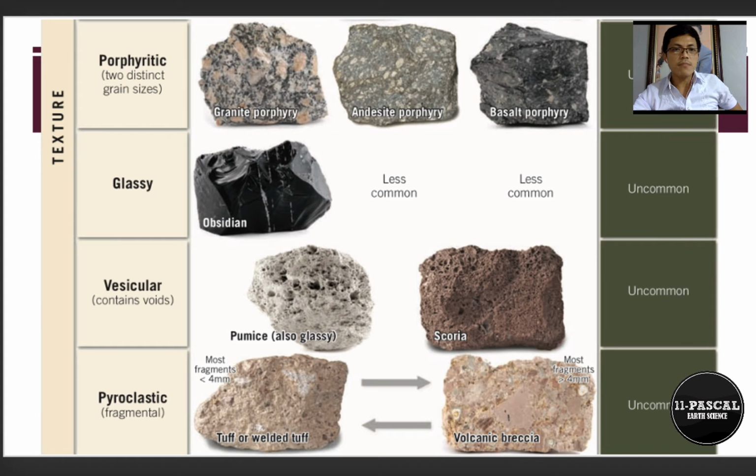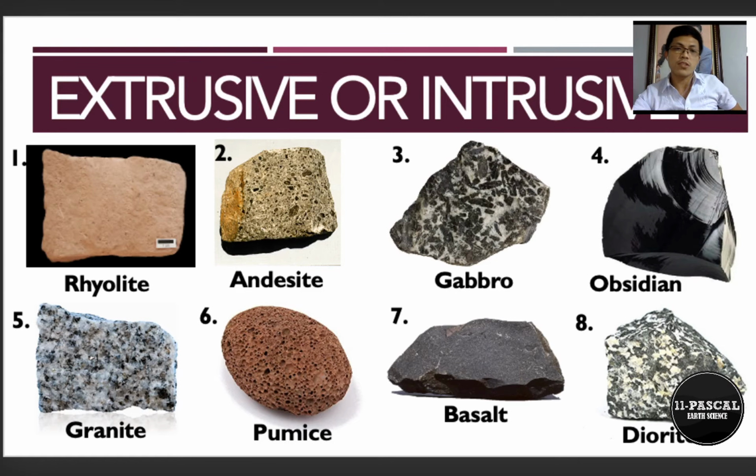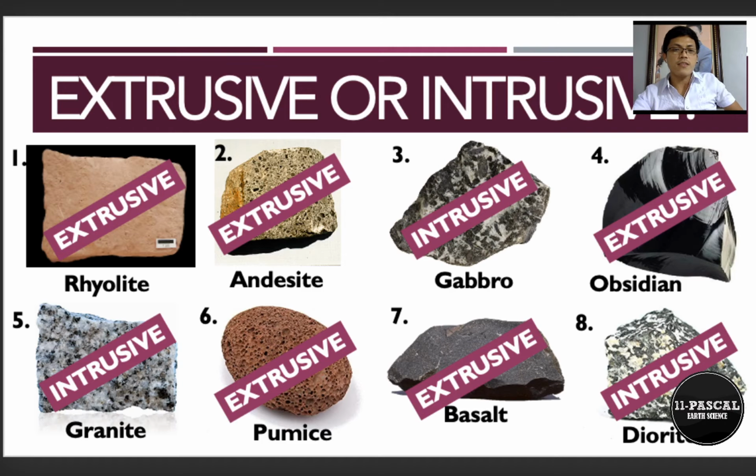So here I have examples of extrusive or intrusive igneous rocks. So let us identify whether it is categorized as extrusive or intrusive igneous rocks. Okay, so we have rhyolite, andesite, gabbro, obsidian, granite, pumice, basalt, and diorite. Okay, so if your answers are the following, then you are correct.